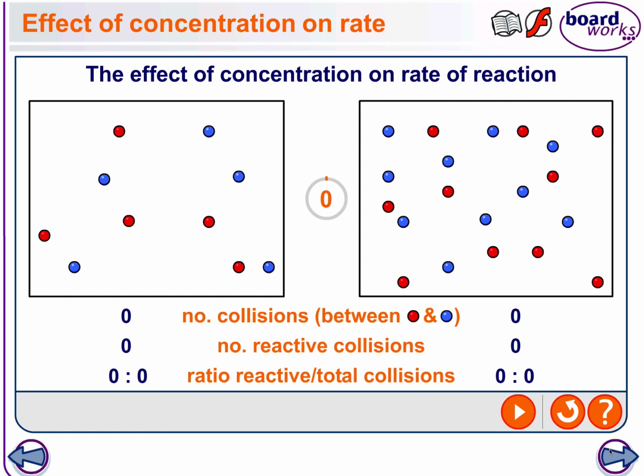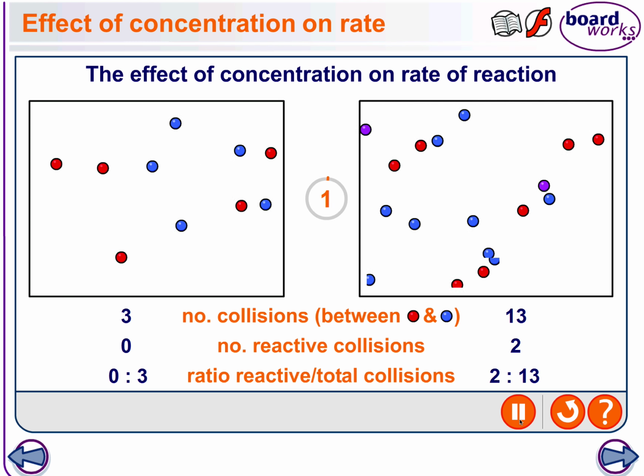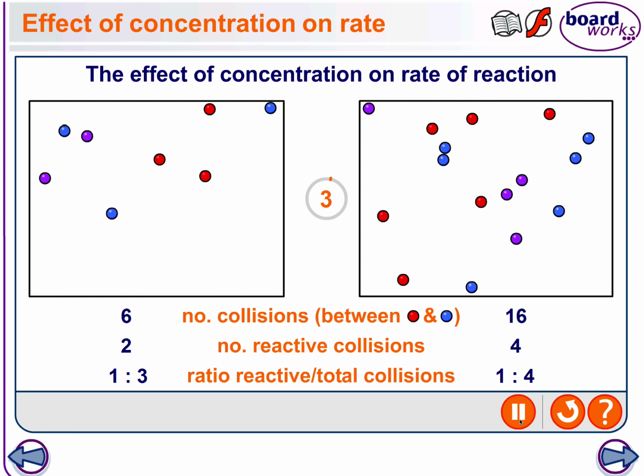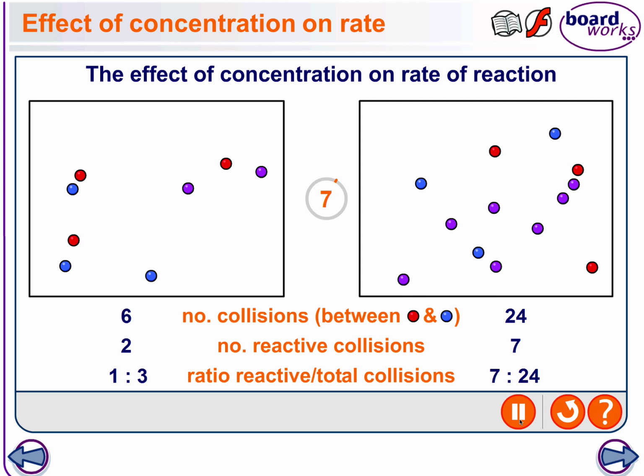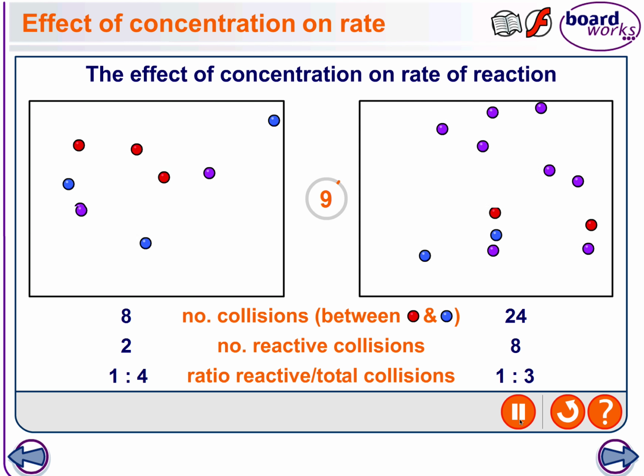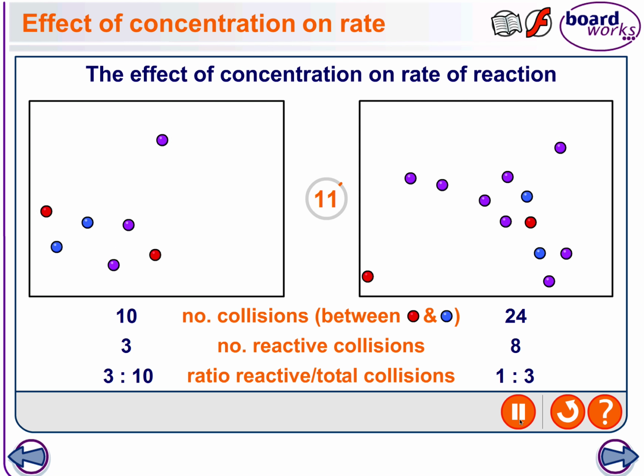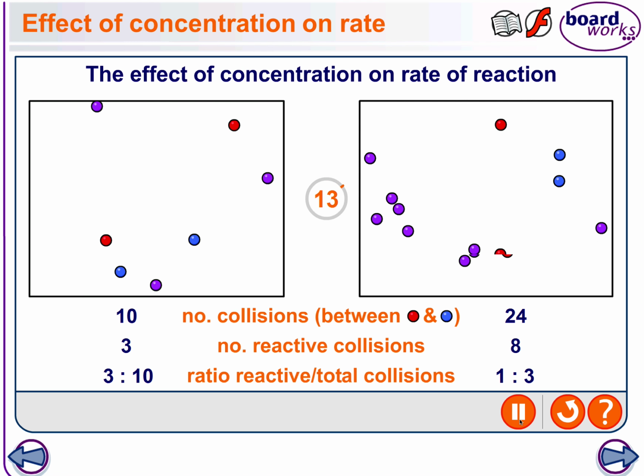The concentration is the number of particles per unit volume. So as you can see on the right hand side, we expect there to be more collisions, and if you look very carefully you can see on the right hand side the particles are colliding more frequently. All the particles are moving at the same speed because the temperature in both of these samples is the same.